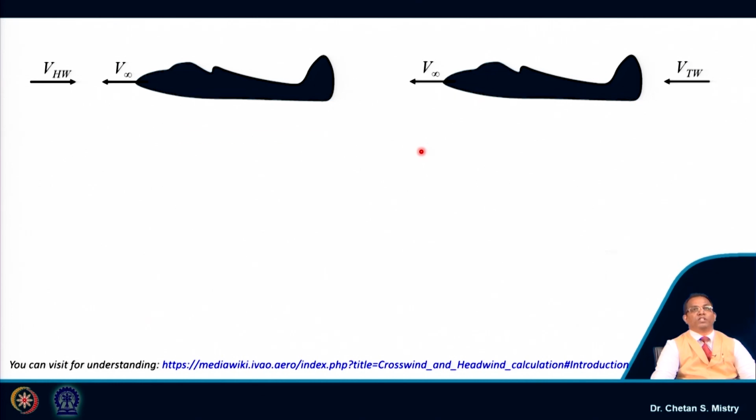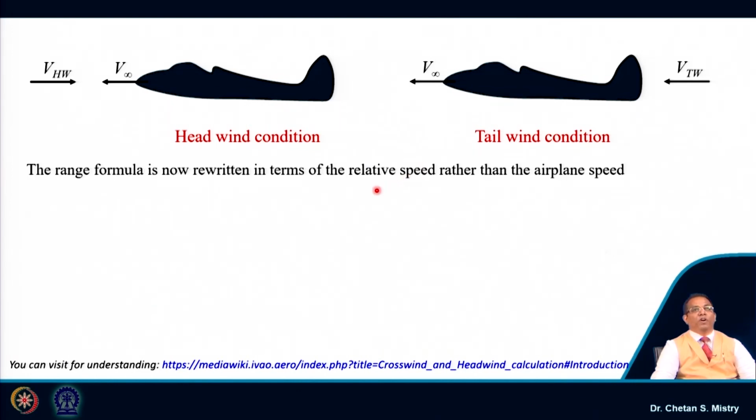So, here this is my scenario, headwind condition and tailwind condition. Now, for that, what we know, my range factor formula or my range formula is represented in terms of velocity term. So, here in this case, this velocity will not be my flight velocity, it will be relative velocity, and that relative velocity for the headwind condition is v infinity minus v headwind, because this is in opposite direction.